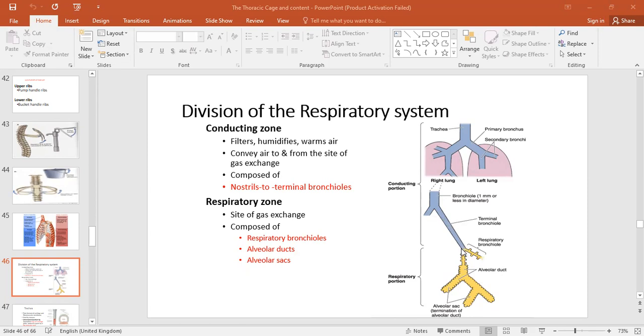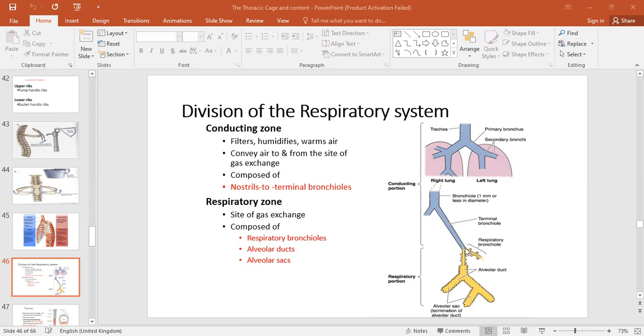Then after that, the lowest part is now called the respiratory zone. This is where gaseous exchange takes place. So it involves the following structures: the respiratory bronchioles, alveolar duct, and the alveolar sac themselves. Three structures: respiratory bronchioles, alveolar duct, and alveolar sac.